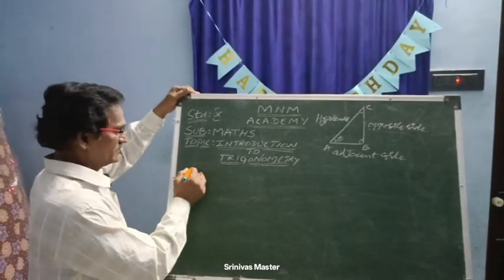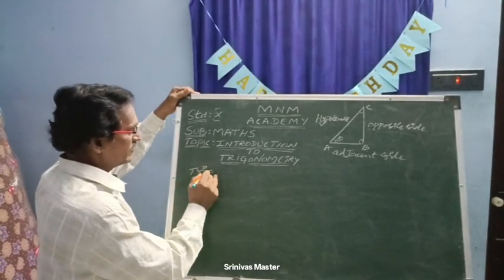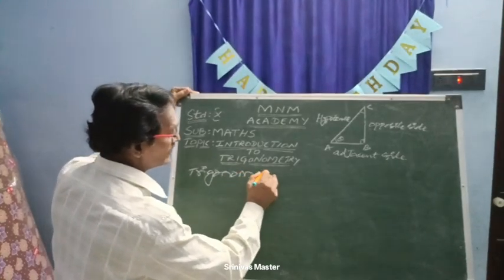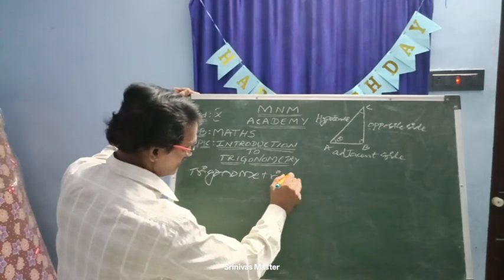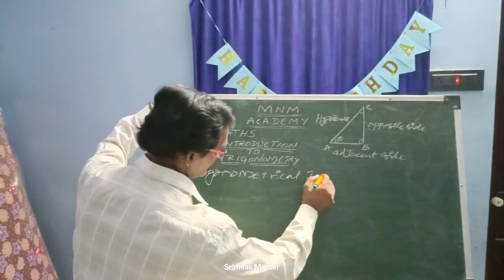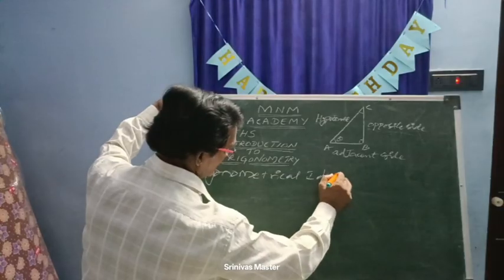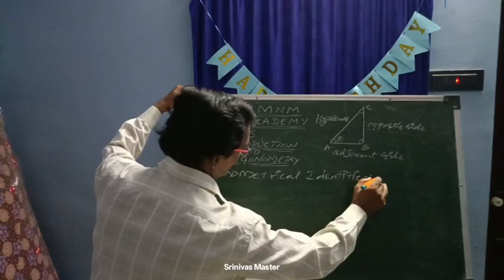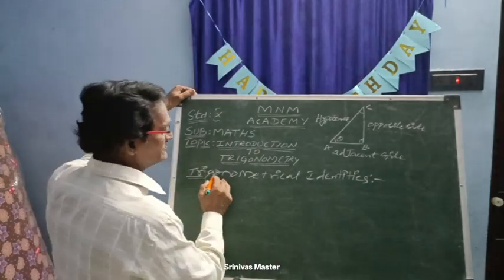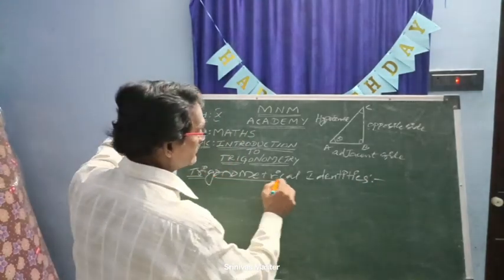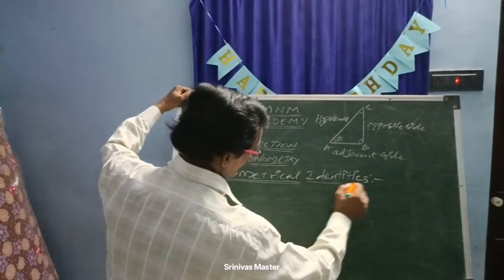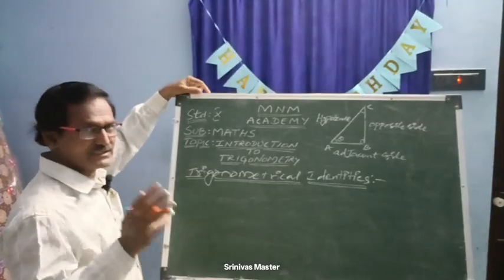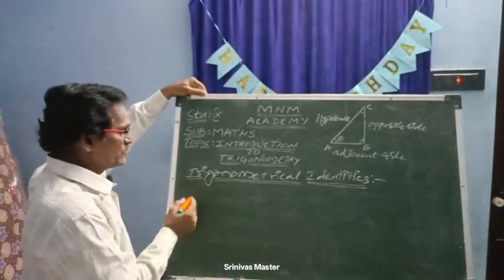Trigonometrical identities. Okay, mainly there are three trigonometrical equations, children. So what is the first one?